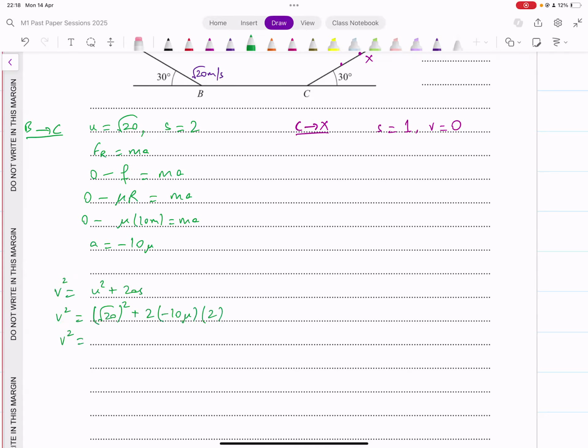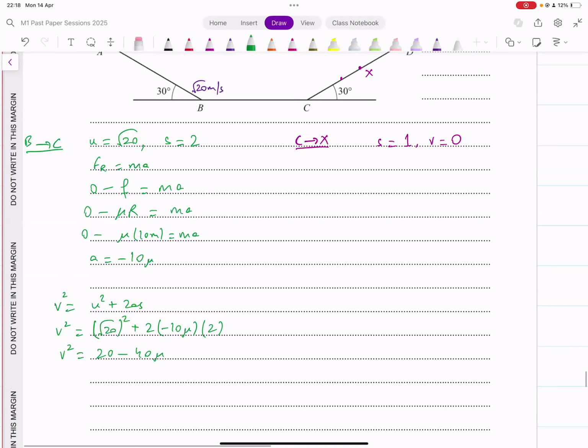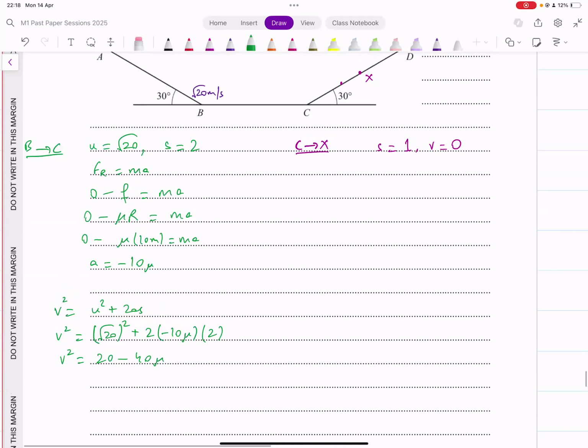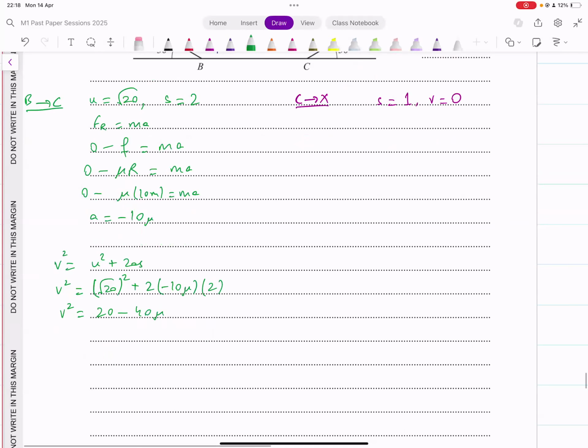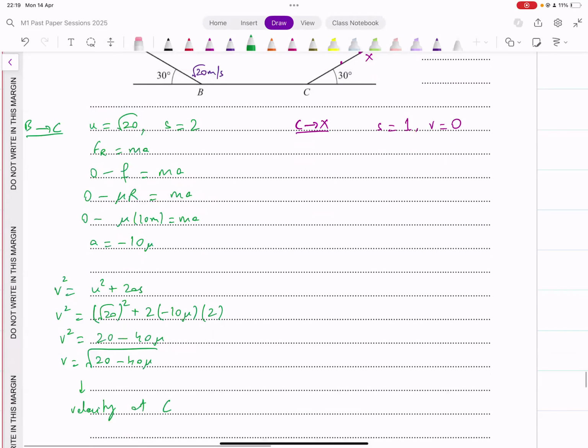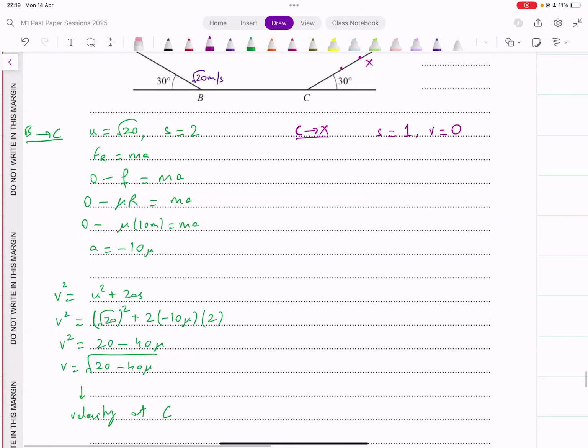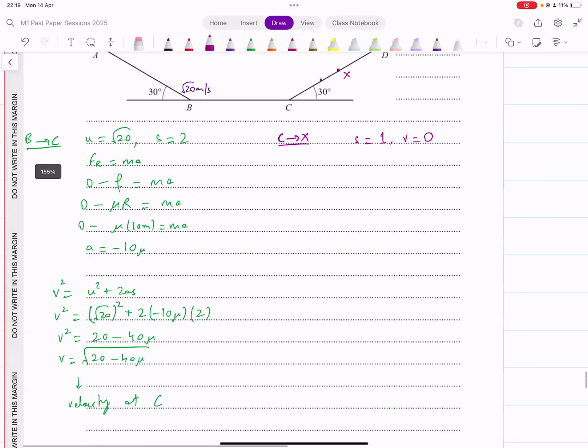That's V squared, right? 20 minus 40 mu at the point C. Now we could use that as the initial velocity here.